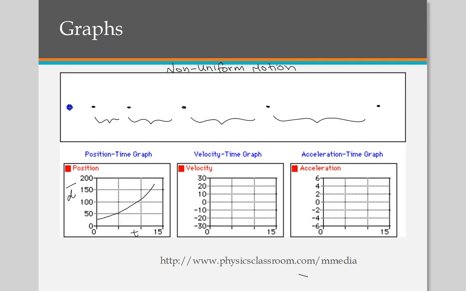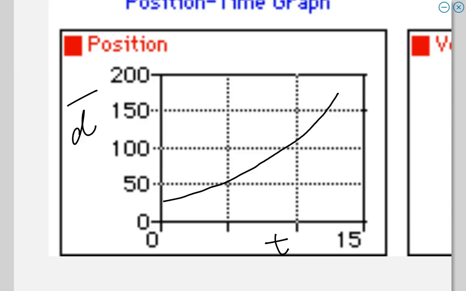And your velocity, we can see just by zooming in on this guy, if you were to find the slopes at some key points, what you could do is you could draw in a slope of a tangent line. And we can see that the slopes of these tangent lines are increasing.